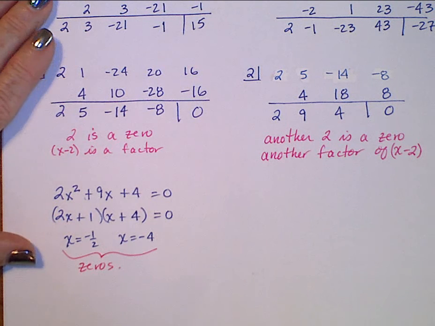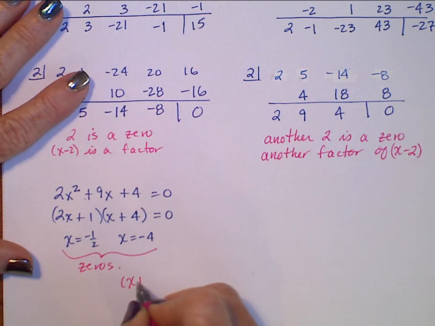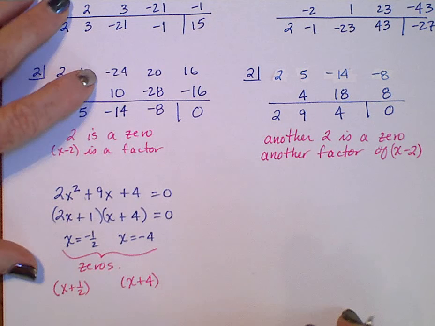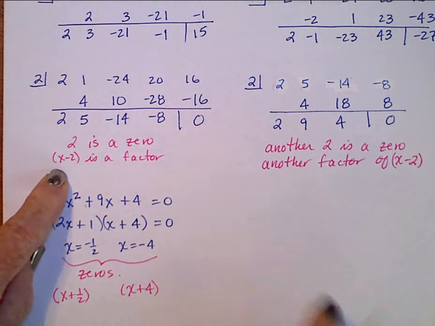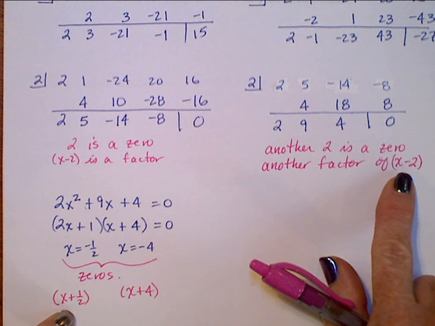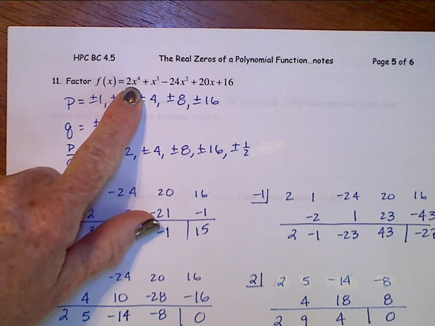And then the factors that are produced, well, this one's easy to see. That one's just x plus 4 is a factor. This one, though, you could do x plus 1/2, but if we wrote x minus 2, another x minus 2, an x plus 4, and an x plus 1/2, then the leading coefficient, if we multiplied that all the way out, would be just an x to the 4th. But we need this to be a 2x to the 4th.